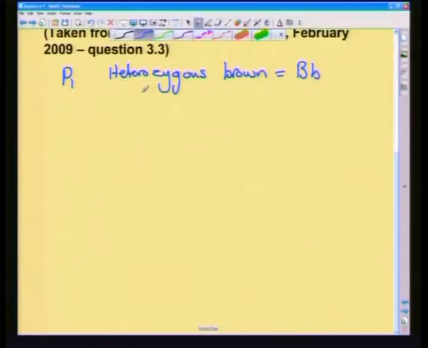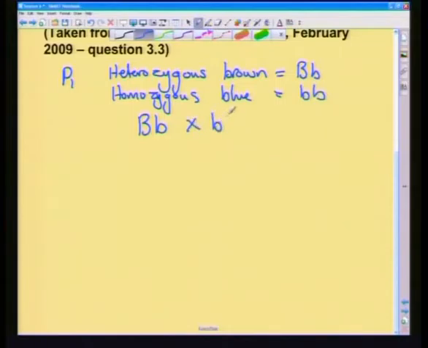And we have homozygous blue. So that's going to be small b, small b. Now we know what the mom and the dad are. So we're going to have capital B, small b, heterozygous, times homozygous, which is 2 small b's, your homozygous recessive.